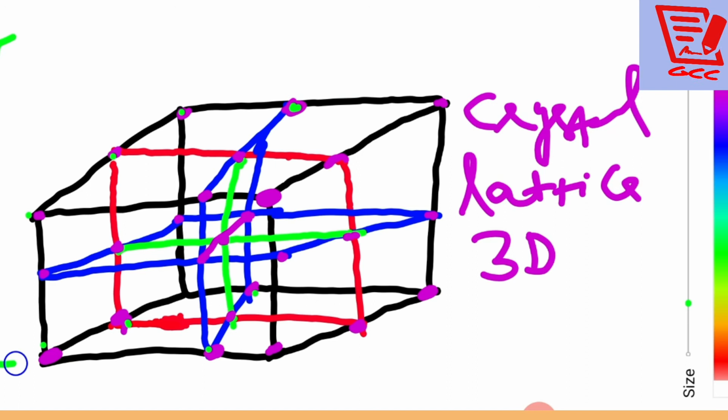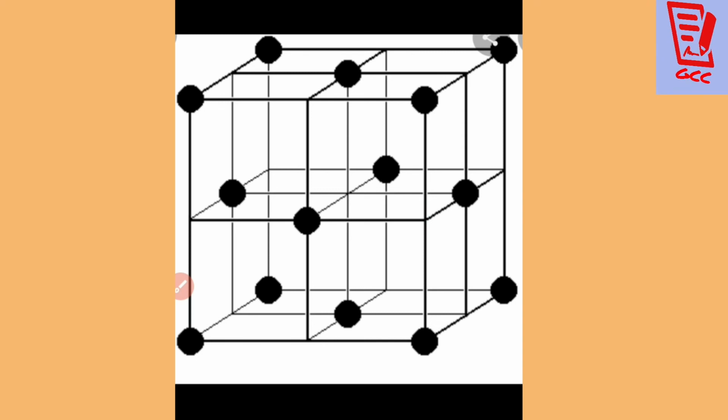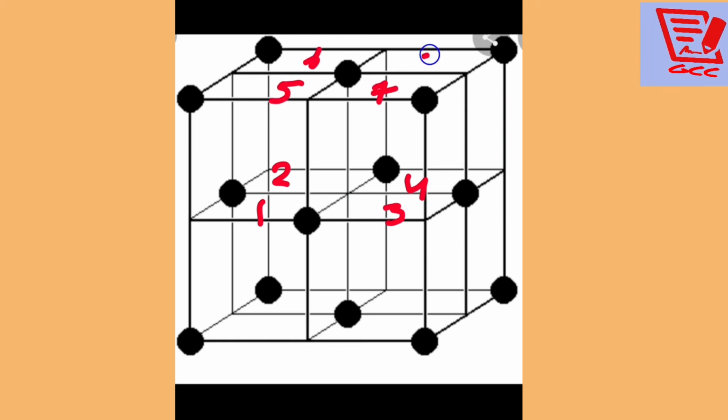Okay students, after that you will see the 3D picture of the crystal lattice also. Let's see. This is the actual structure of the crystal lattice. Now you can see what we have done over there. See how many cubes there are in total. This is 1, 2, 3, 4, 5, 6, 7 and 8.